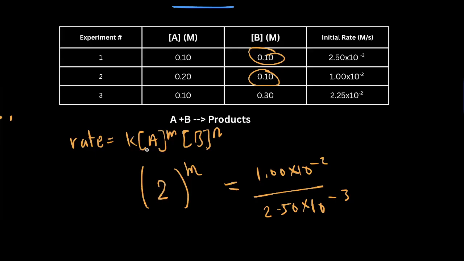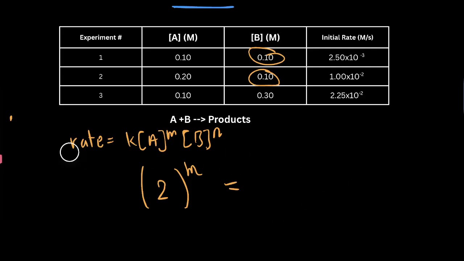So 2 to the m is going to equal this fraction, which we simplify by dividing these two values. We're going to get an answer of 4. And so our m is then 2 raised to what power gives us 4? Well, we know that 2 squared is 4, so our m is going to be equal to 2.